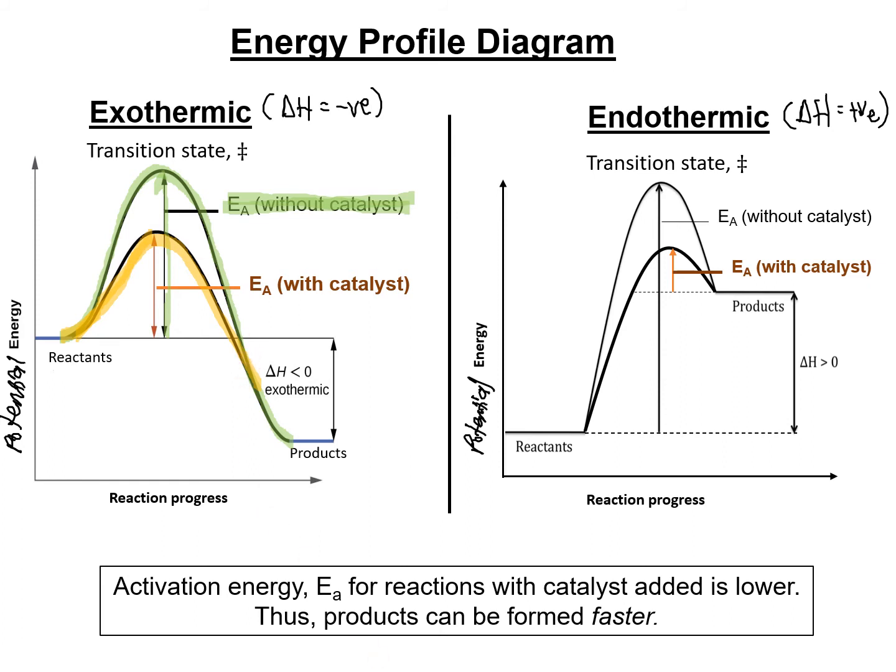So this is the new road. Miss highlights the new road in orange. It provides an alternative pathway, a shortcut. This is the maximum potential energy and this is the potential energy of the reactant. The energy difference between the maximum potential energy and the potential energy of the reactant is the activation energy with catalyst.